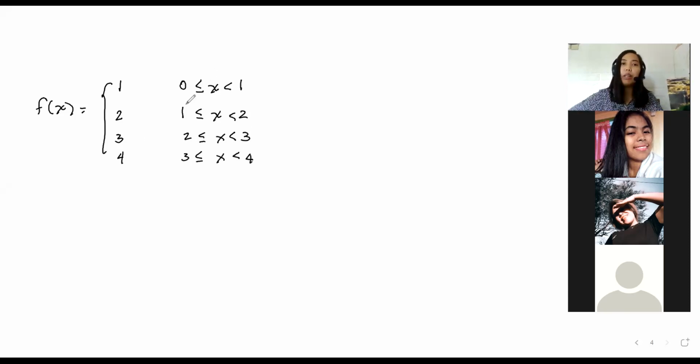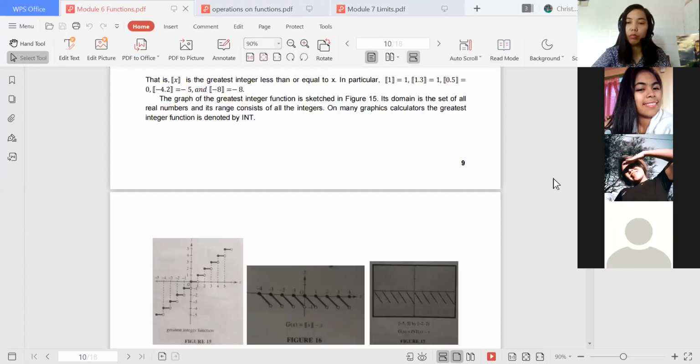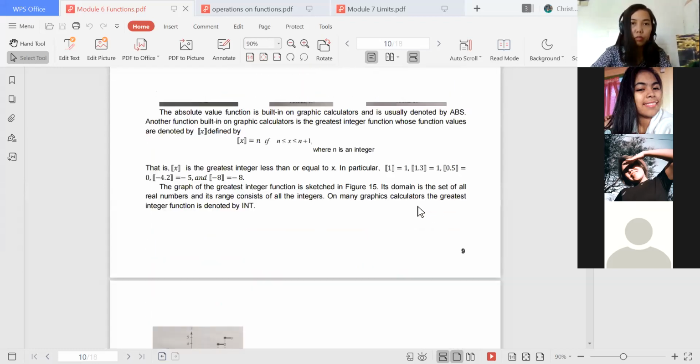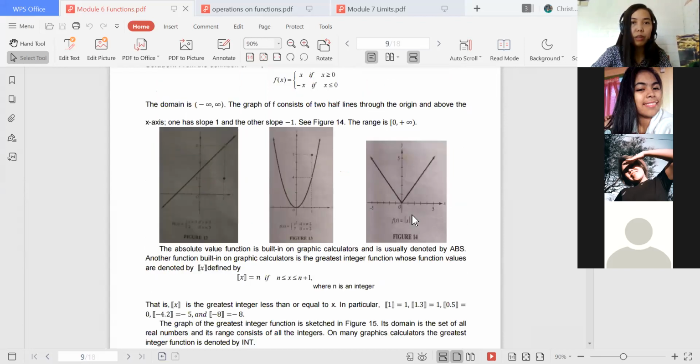By the way, paano ba natin ito nakuha? Kasi ang sabi sa definition ng greatest integer function, pala dito nabanggit.